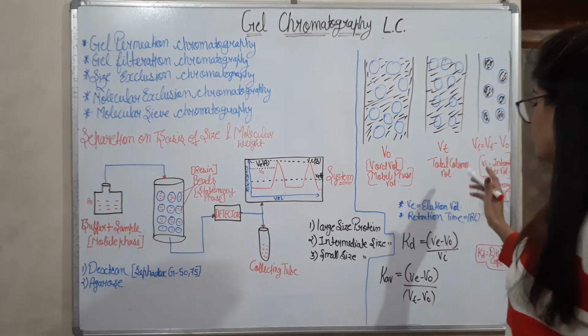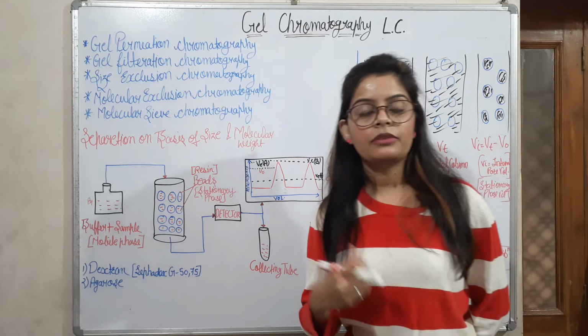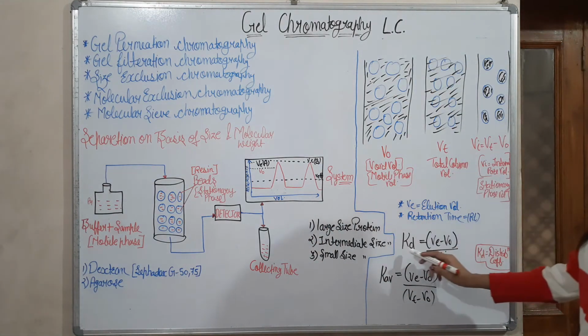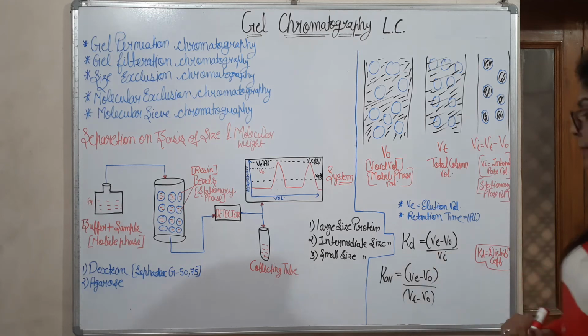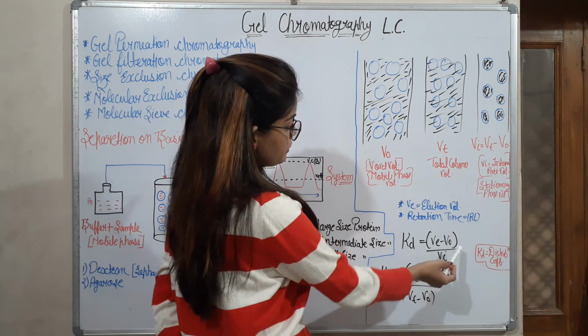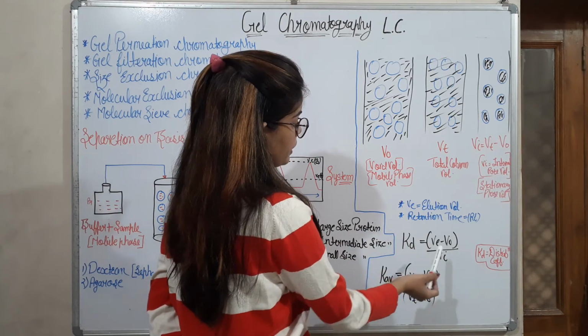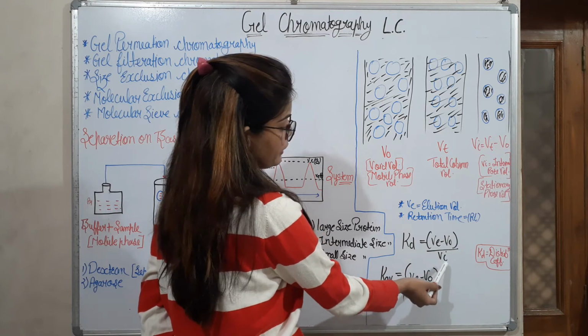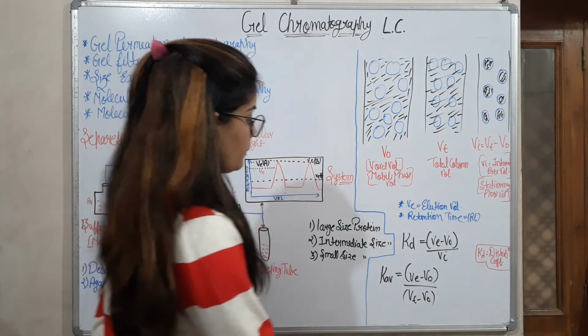For calculating, we have to calculate the distribution coefficient, which is denoted by KD, and KD is calculated by VE minus VO upon VI. Elution volume minus mobile phase volume, divided by VI, the inner volume.